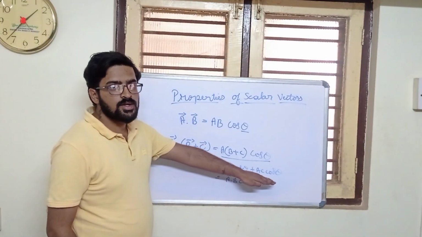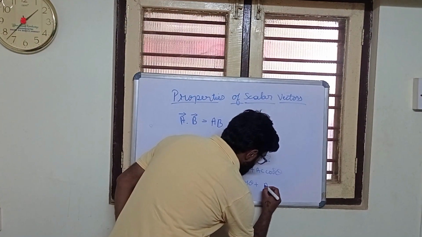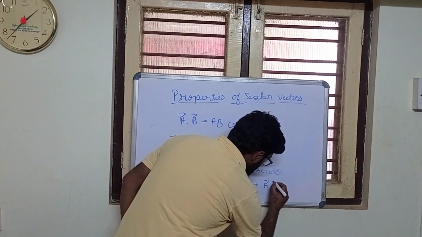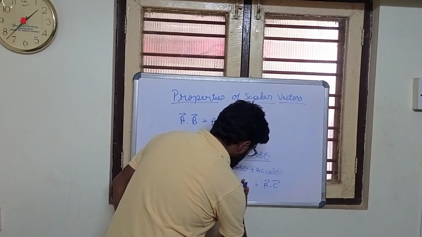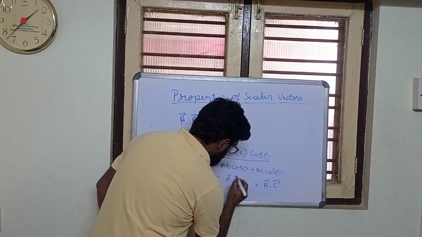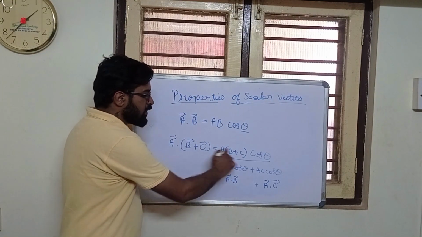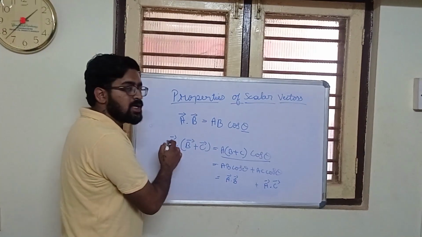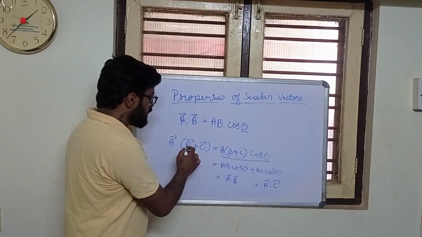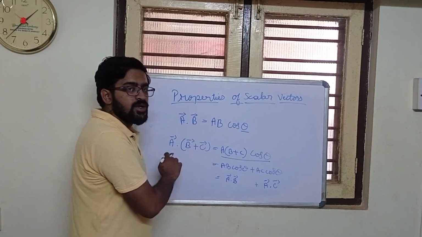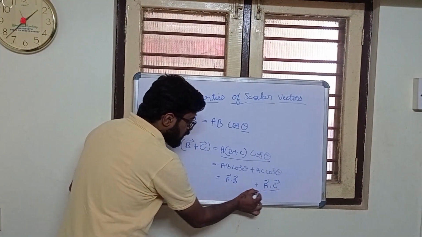It is the scalar product of A dot C. So this is the property of multiplying three different vectors, vector A dot vector B plus vector C. When you take the dot product of this, you will get this answer.